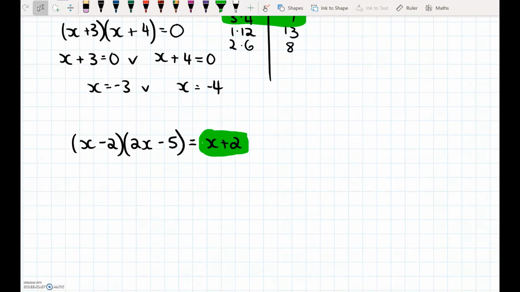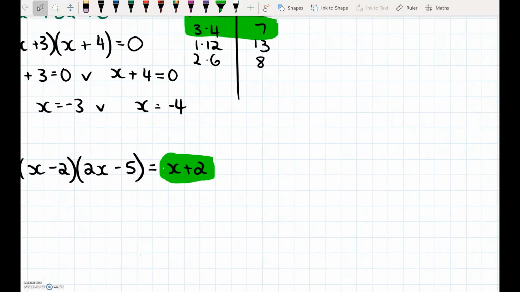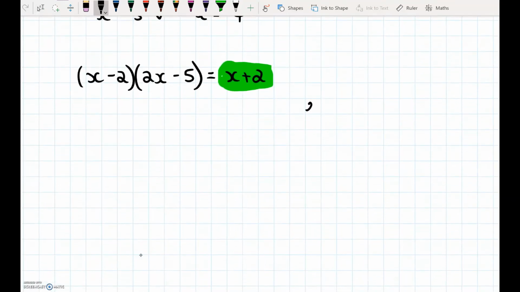So what we're going to do instead is, firstly, we need to expand these brackets. Okay, so we're going to start by expanding brackets. I'll write the steps over here. So we're going to expand brackets first. Okay, so here we're going to get, and I'll do it the long way. First bit, x times 2x, so we get 2x squared.